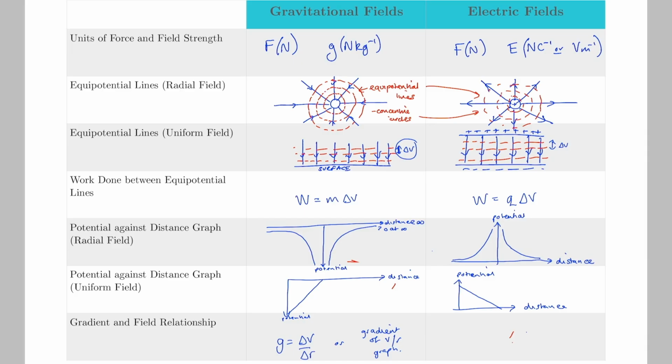And for a uniform field, the gradient is constant. So the gravitational field strength is assumed to be constant as it moves with distance. Not strictly true with this gravitational field one, but if we're looking on a small scale, that is true. And the electric field strength is the same. It's equal to the gradient of the potential distance graph, or delta V over delta r. So it's the gradient.